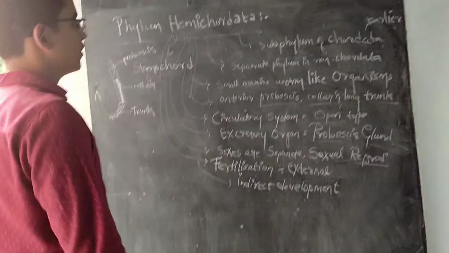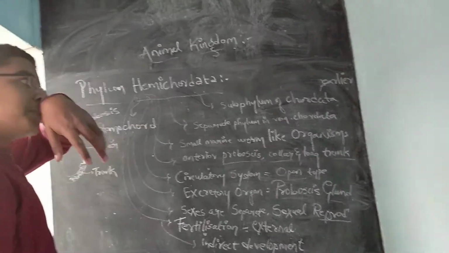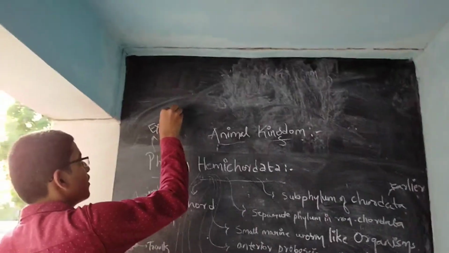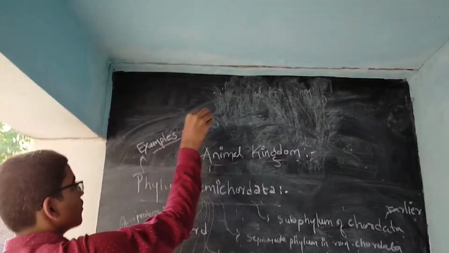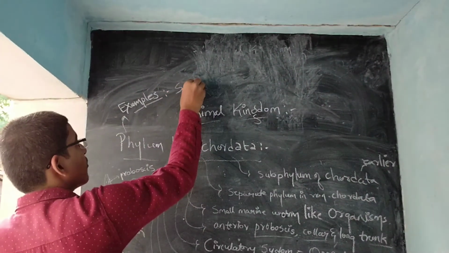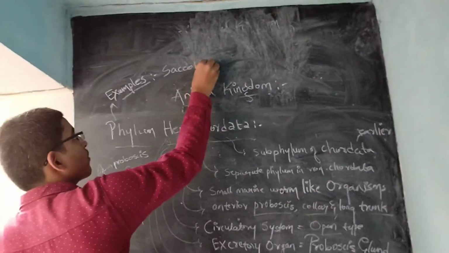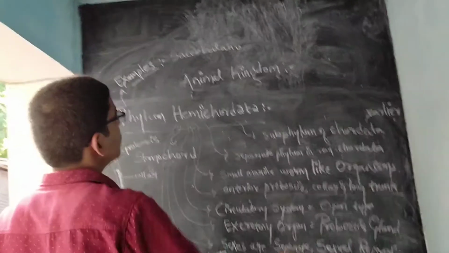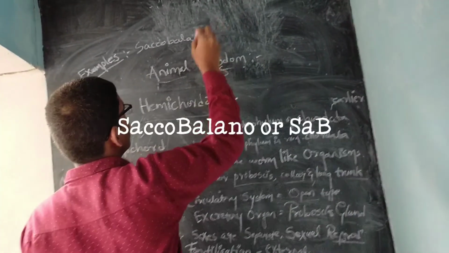Now the time comes to remember the examples. To remember the examples of phylum Hemichordata, the trick is Saccobalano. If you don't want this, then you can keep Saab.